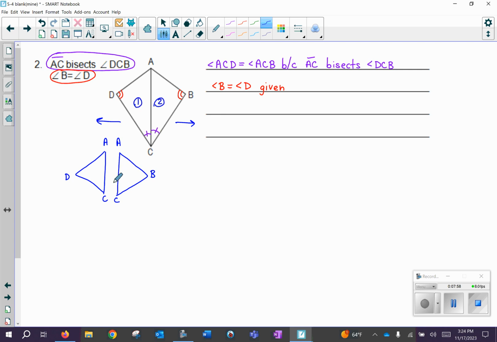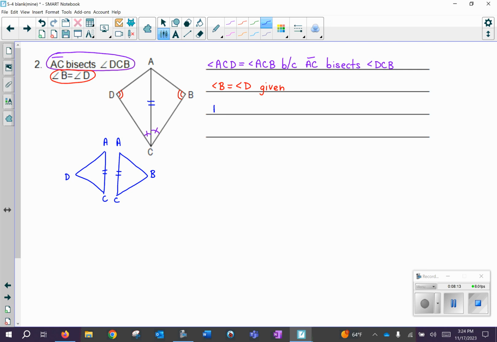It's literally the same line, the same side. Sometimes we call it reflexive. I don't care what you call it, but if you're noticing they both have side AC in them, that's where you see me put 2 marks, meaning it's in both triangles. That's all it means to me.